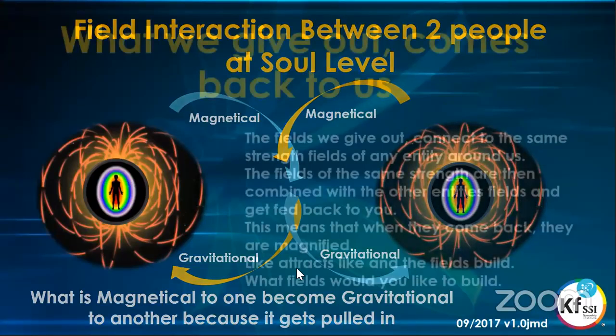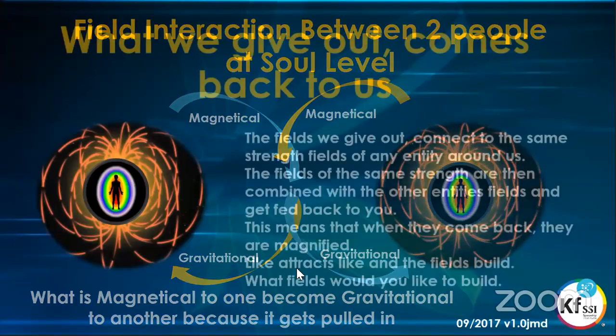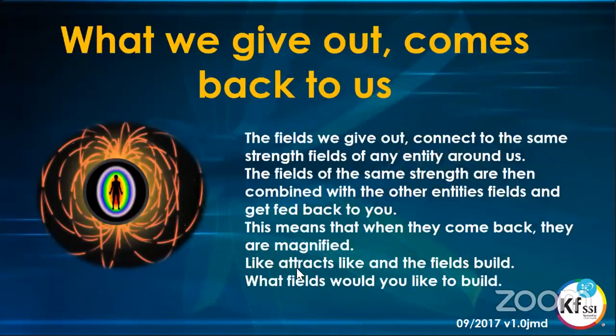So what we give out, we see, also comes back to us, because the fields we give out connect to the same strength fields of any entity around us, and the fields of the same strength are then combined with the other entity's fields and get fed back to you.